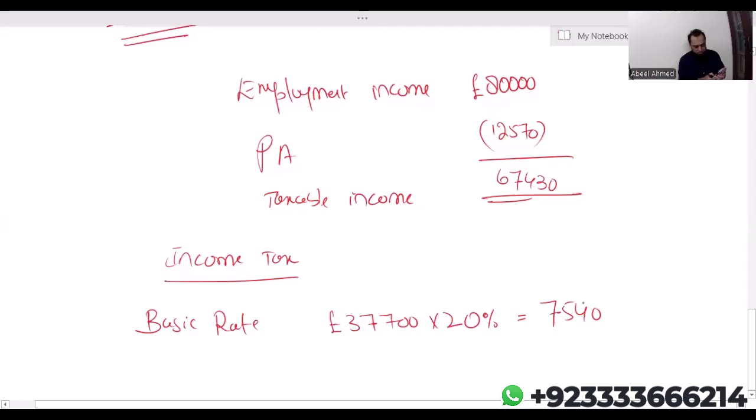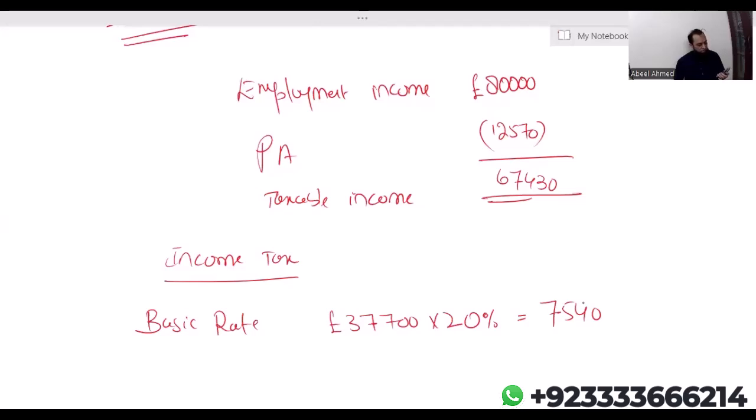So whatever amount is over and above 37,700 actually falls in the higher rate band, and the applicable tax rate in the higher rate band is 40%.